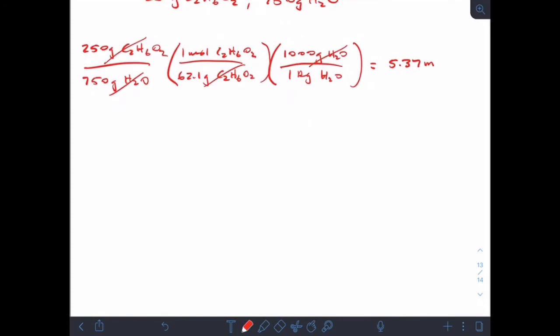Okay, so let's plug these things in. Okay, so our change in boiling point, our delta TB equals Kb times molality, right? So that's, the Kb was 0.51 degrees C per molal times 5.37 molal gives us a boiling point elevation of 2.7 degrees C. Okay, now it's important to realize that 2.7 is not the new boiling point.